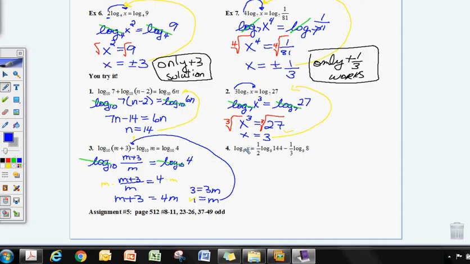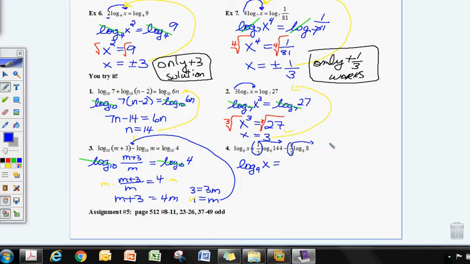This one has a couple of things. Left side looks good. So it is going to stay log base 9 of x. Got it. Equals. But this right side, it has a coefficient here. Bring it up. It has a coefficient. Bring it up. And it has subtraction.